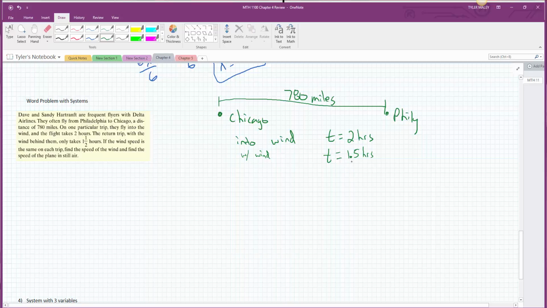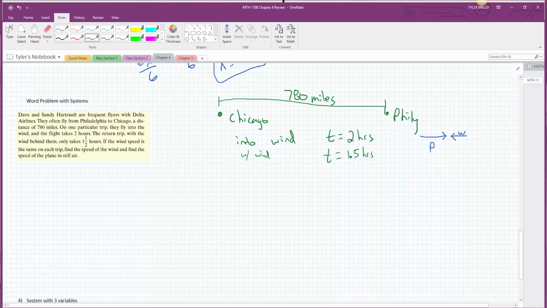Okay, so with this one you have to think a little bit about maybe a very small bit of physics here. When you're flying into the wind, you have the plane trying to go in this direction, and into the wind means the wind is pushing back at you. So in essence, if we didn't have any wind, that speed would be faster than with the wind because the wind is slowing us down.